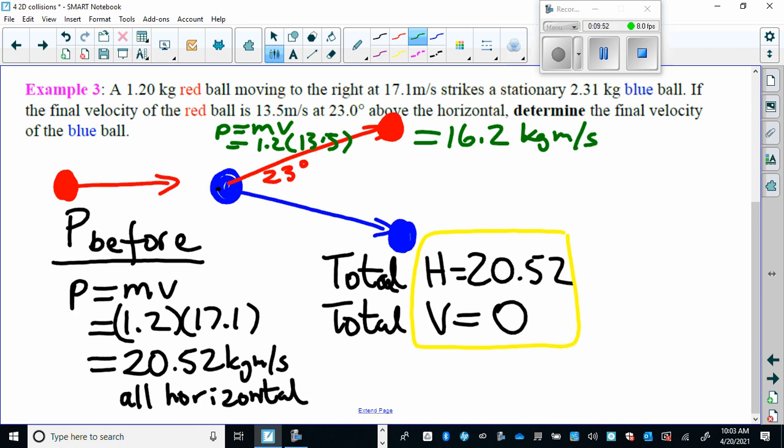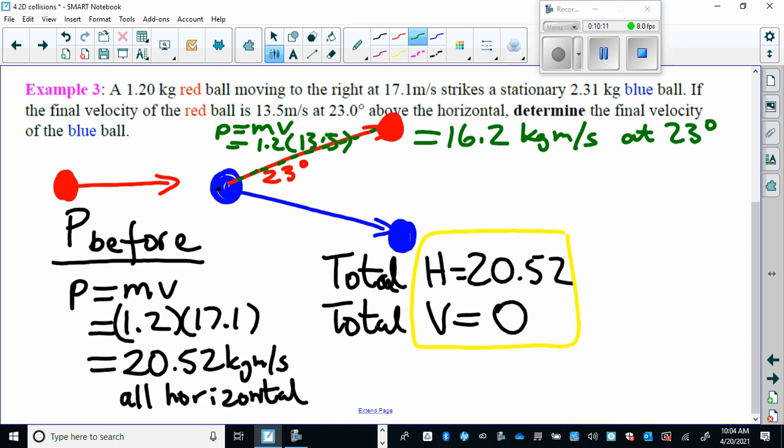And that is at an angle of 23 degrees above the horizontal. Now remember, that is the red vector here. This red vector is 16.2. What we need to do now, just like you did in Physics 20, is separate that into components.